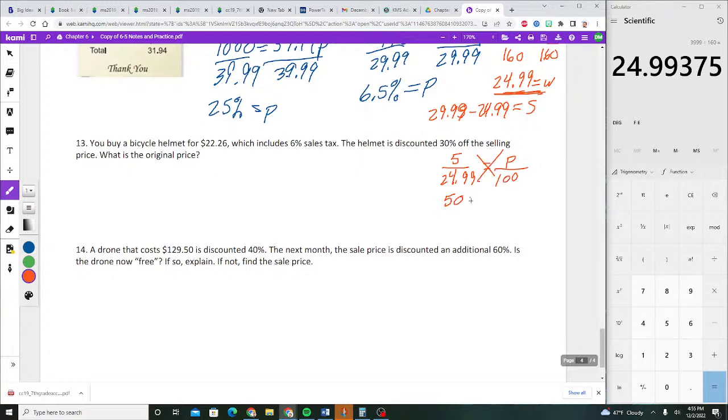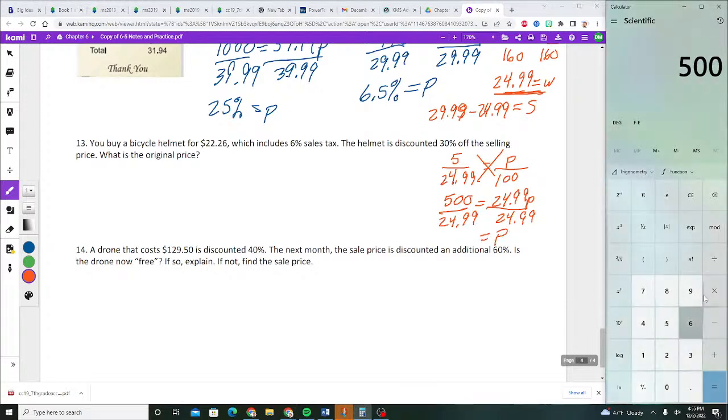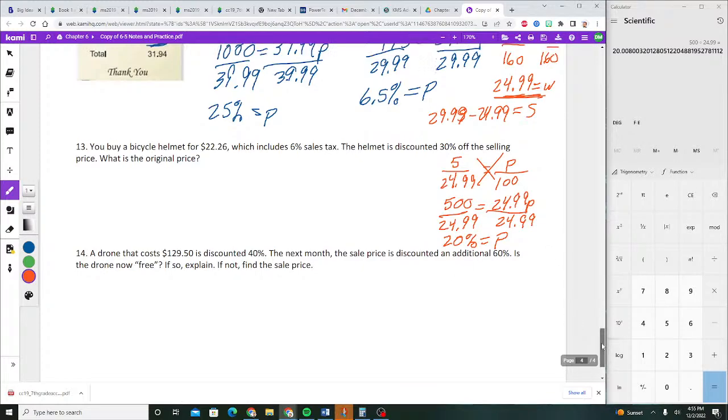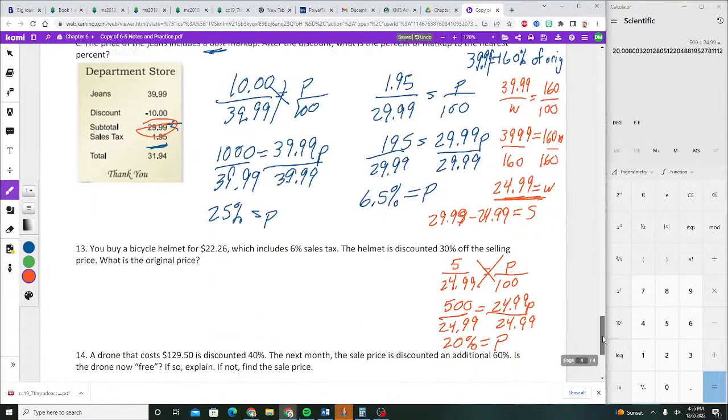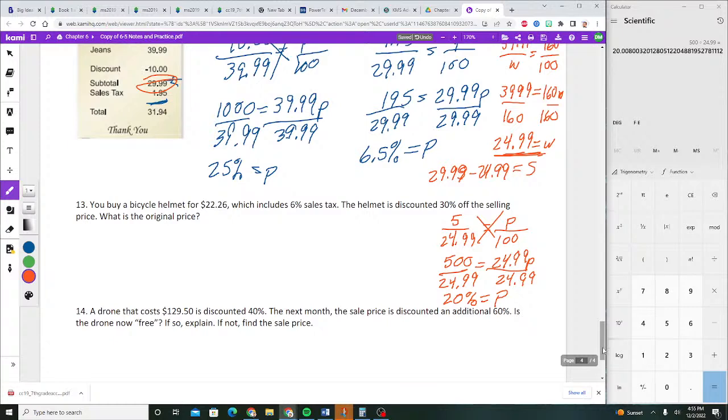That's 500 equals 24.99P. Divide by 24.99. And 500 divided by 24.99 gives us a 20% markup. So at first it was a 60% markup, and now due to the sale price, it's only a 20% markup. So the store's only making 20% profit off those jeans when they're on sale.